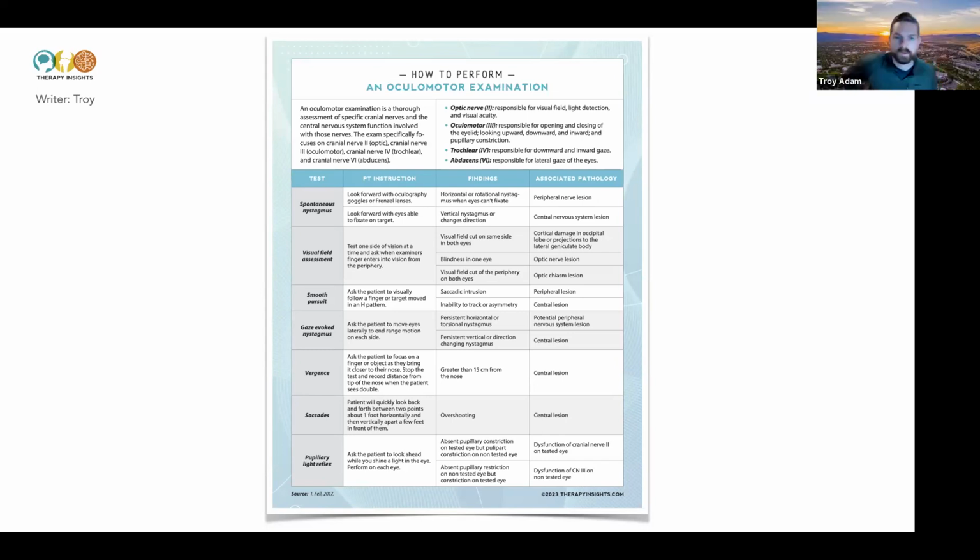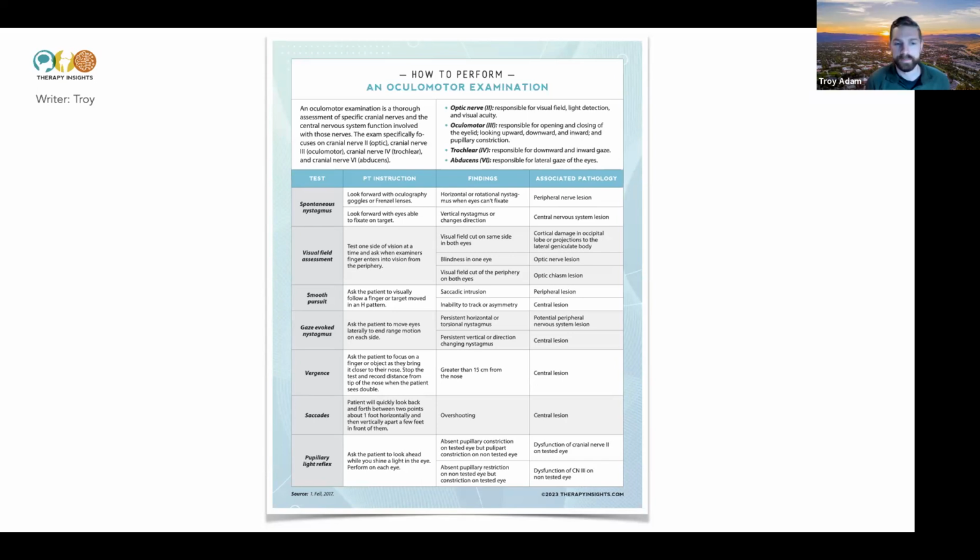Yeah, absolutely. So this document is meant as a clinician resource, something to have by your side as you're going through an initial examination or getting ready to, for somebody that you expect some sort of oculomotor dysfunction.